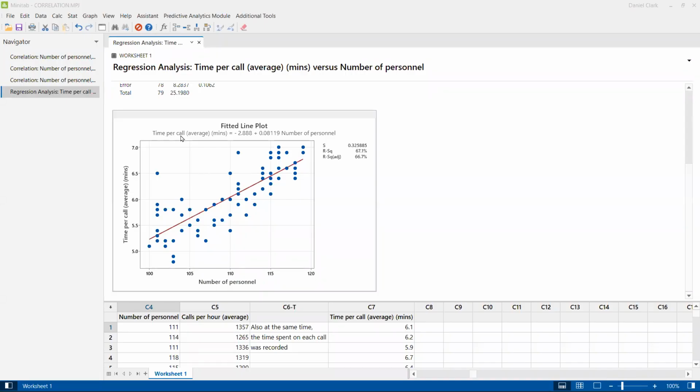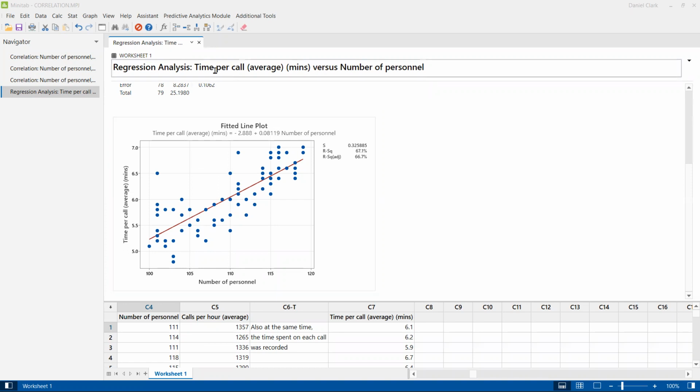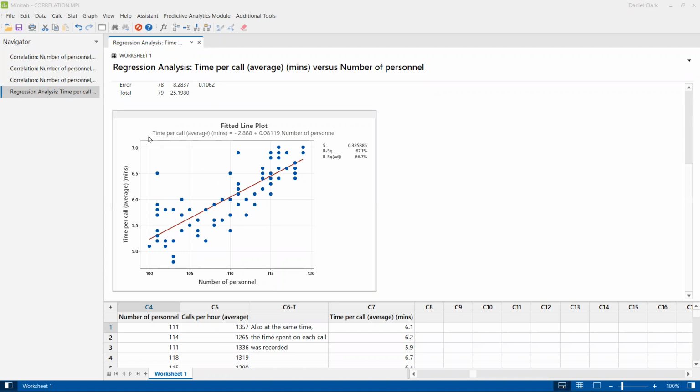One of the things that's particularly useful in doing the regression analysis is that not only do you get a fuller picture of how useful that analysis of the relationship is, you actually get a regression equation. You can see the fitted line plot, and the equation that produces it is: time per call in average minutes equals minus 2.88 plus 0.08119 times the number of personnel.